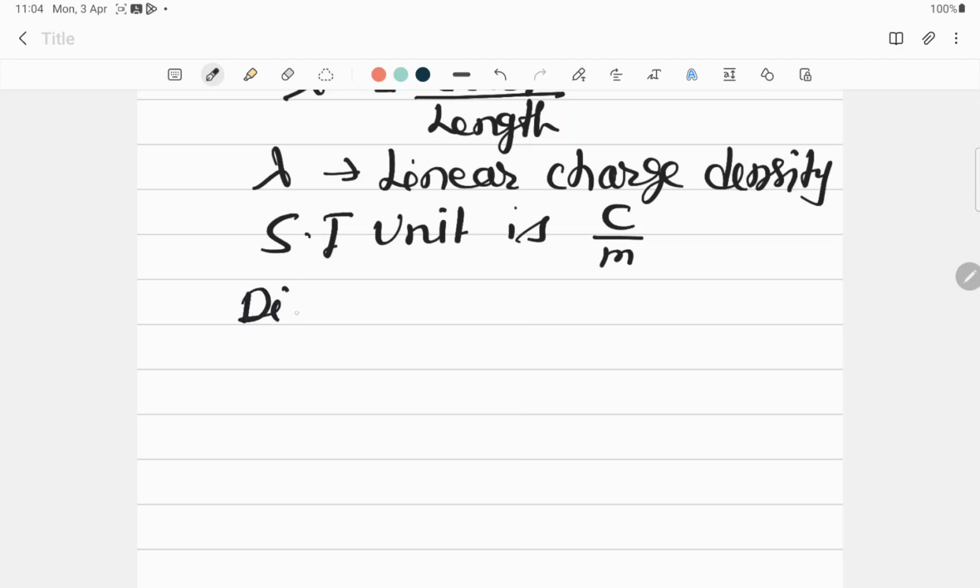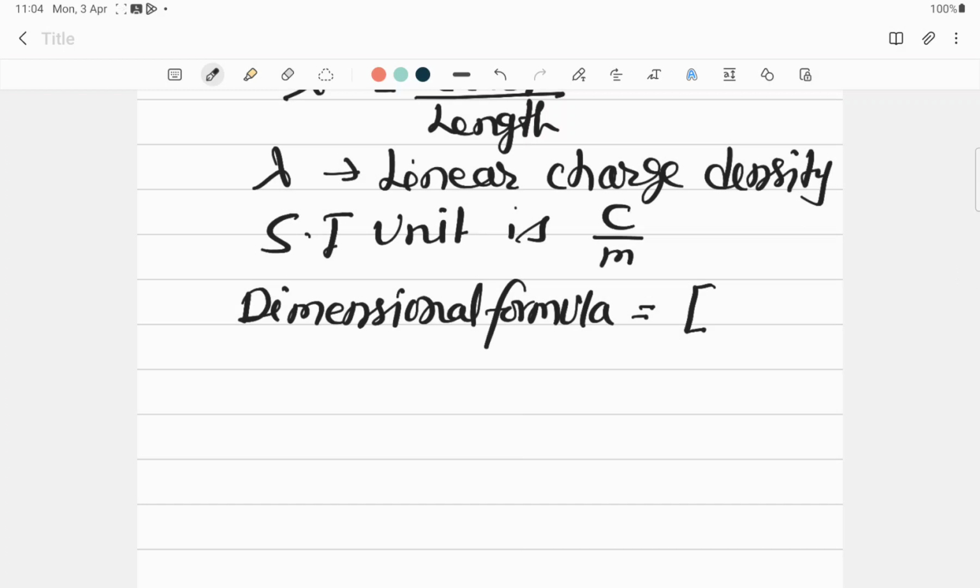And the dimensional formula is equal to L inverse T A. Meter is for length, and length is in the denominator, so it will become L to the power minus 1.